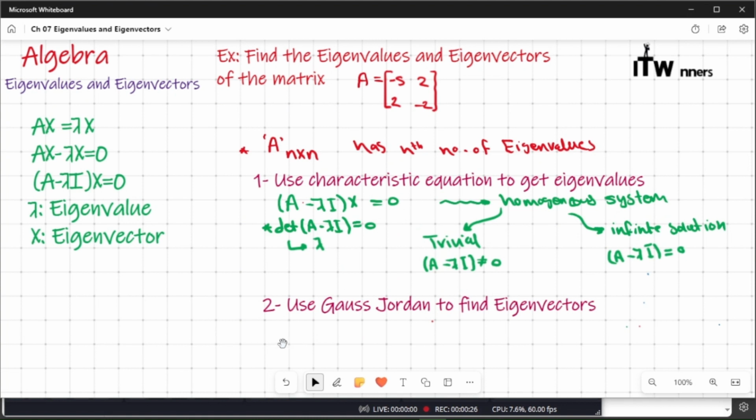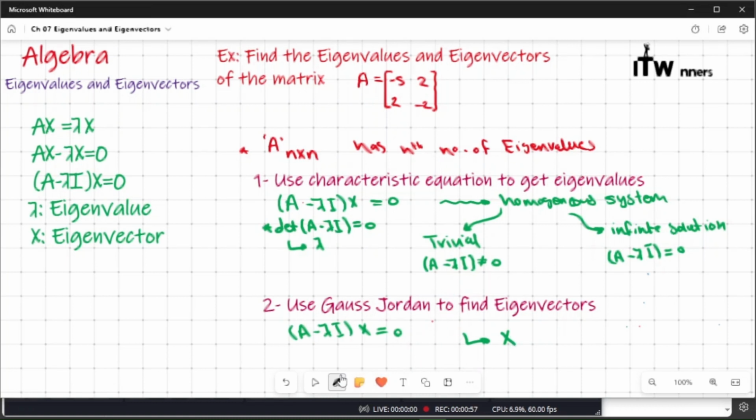We have to solve the system of equations A minus lambda I into x equal to 0 to find the eigenvectors x.